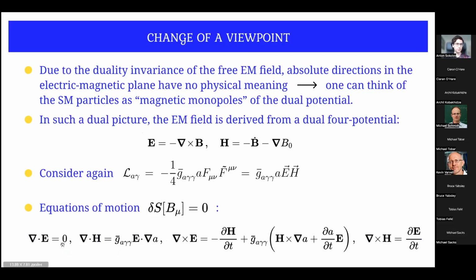And here we don't have this term, but we now have an effective magnetic charge, so to say, arising from the gradient of the axion field, because the divergence of the magnetic field is not zero. And instead of an effective electric current, we now get an effective magnetic current generated by the axion field. So actually we get different axion Maxwell equations and potentially different phenomenological implications.